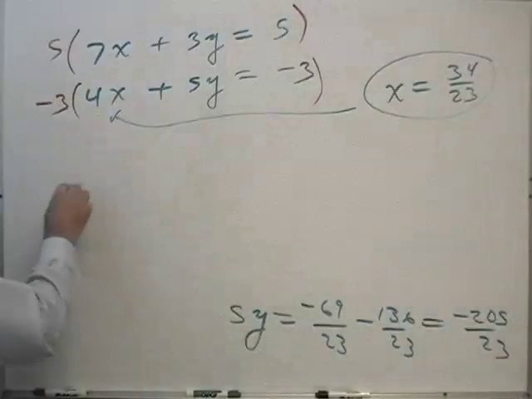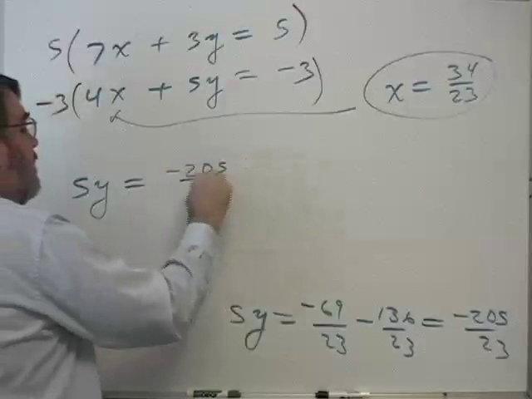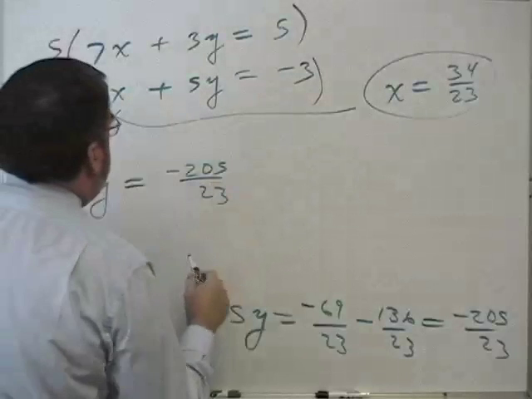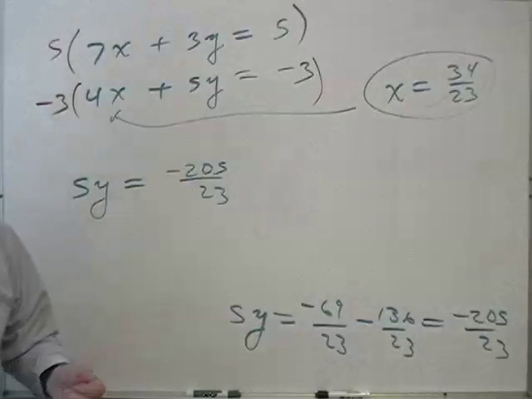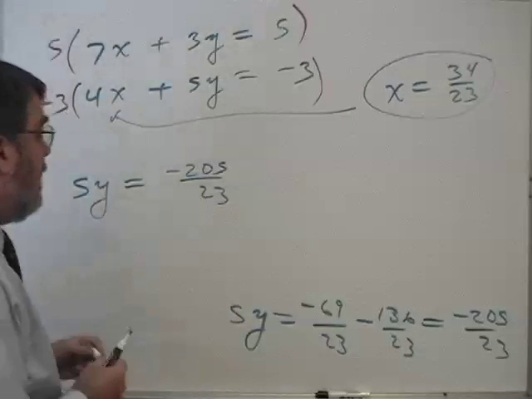And so if we have 5y equals negative 205 over 23, how are we going to solve that? We could divide by 5, or we could multiply both sides by 1/5.